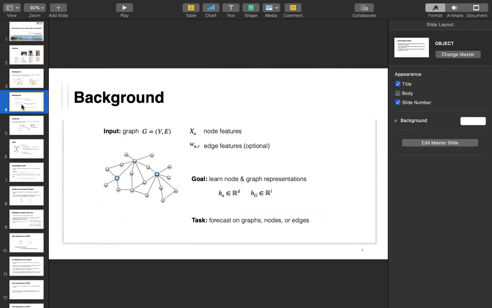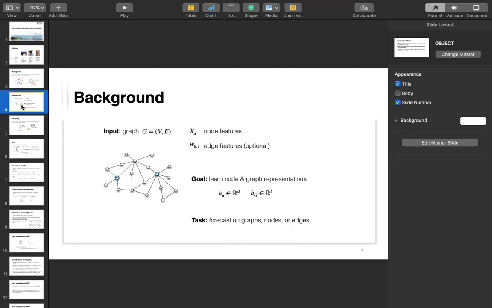Okay, so let me put the definition of graph more formally. We have a graph G, which consists of V and E. V stands for vertices and E stands for edges. For each node, each vertex, we have a node feature which describes the features of the node.